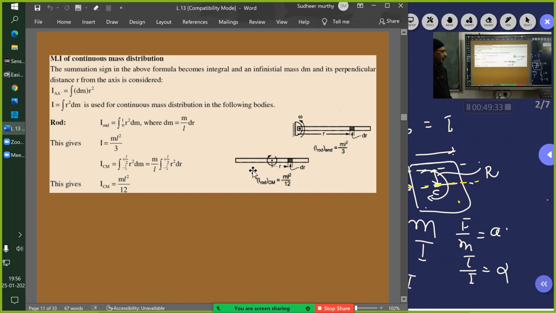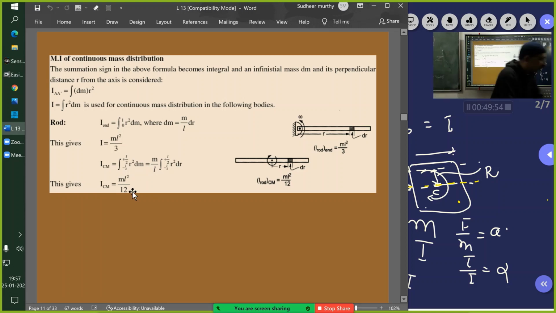But the limits of integration will be from minus L by 2 to plus L by 2, because this side will be minus and this side will be plus. Again dm is m by L dr. Same thing, so here I get the moment of inertia as mL square by 12.